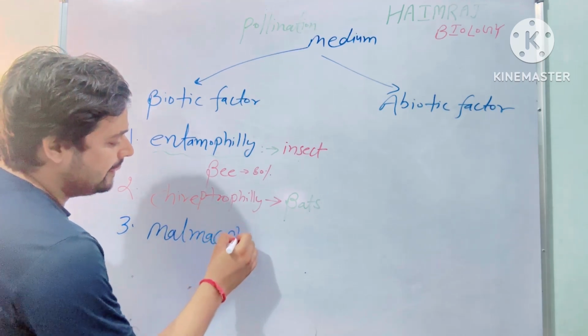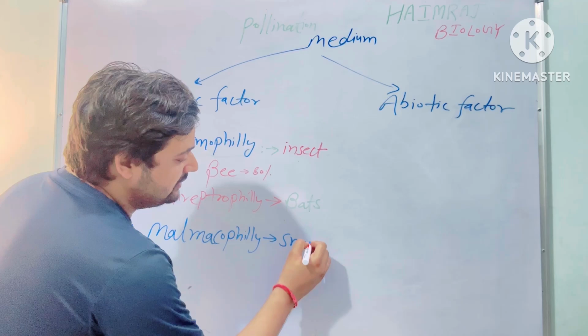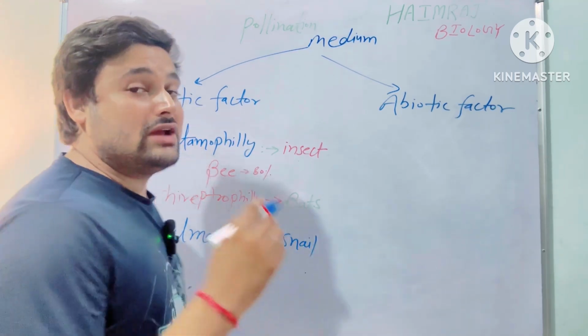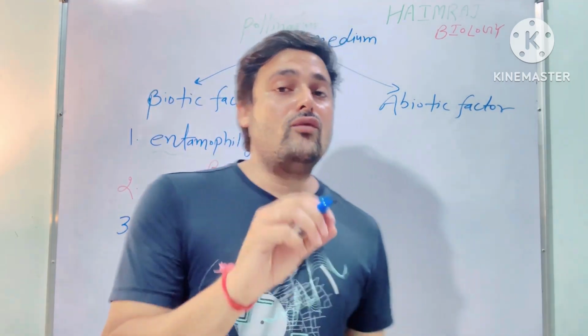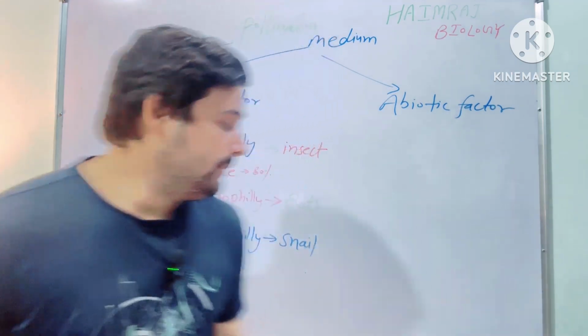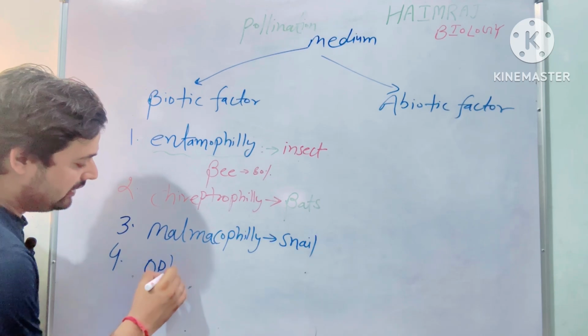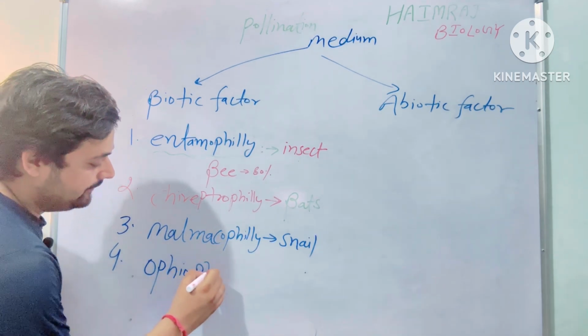If a snail is doing this process, then we call it malacophily. In this procedure the snail will be the helping factor of transferring pollen grain from one flower to another flower or one plant to another plant. Now come to another part, that is ophiophily.